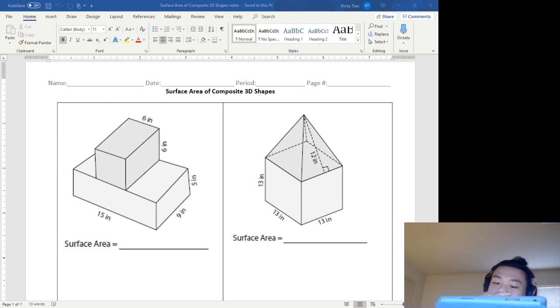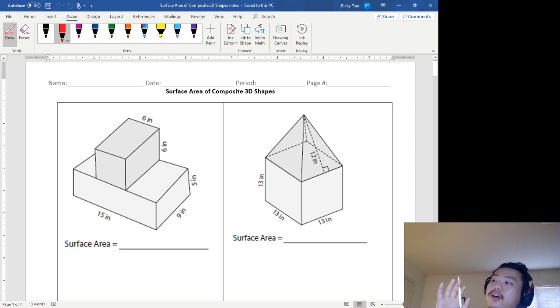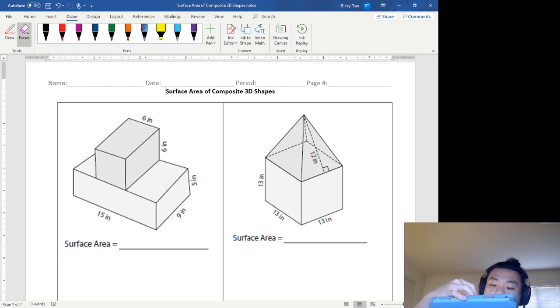Okay, so let's take number one for example. You're taking the outer area. That means that there's this invisible rectangle right here that you're not going to be using. You won't be finding that part right there.